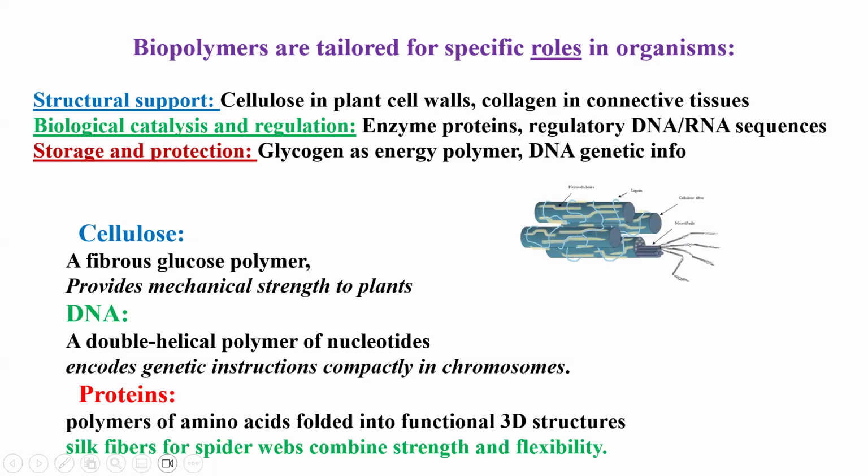Proteins are polymers of amino acids folded into functional three-dimensional structures. Of course, there are proteins which don't have these structures. And the silk fiber of spider, you already saw, combines strength and flexibility.